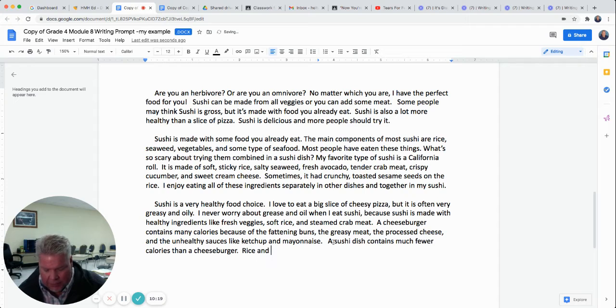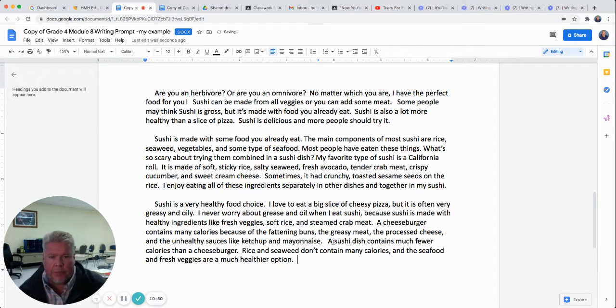Rice and seaweed don't contain many calories, and the seafood and fresh veggies are a much healthier option. Okay, so let's read this whole paragraph.